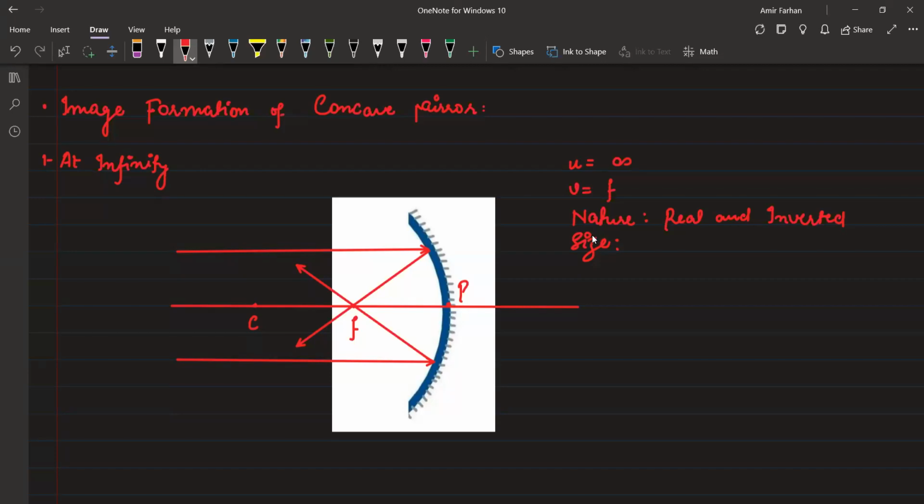Who said this? Arya. Okay, Arya. So it will be highly diminished, basically. Whenever your image is forming at focus, it will be highly diminished, or point size.